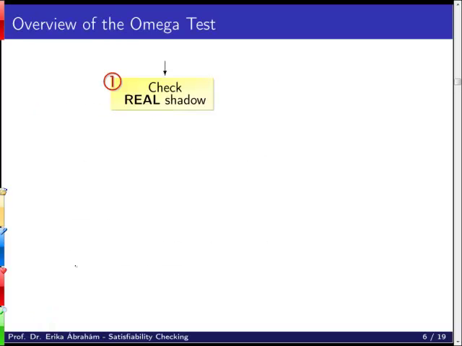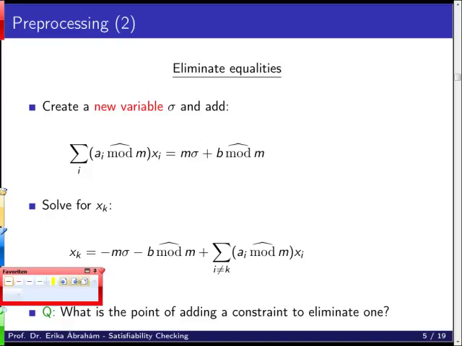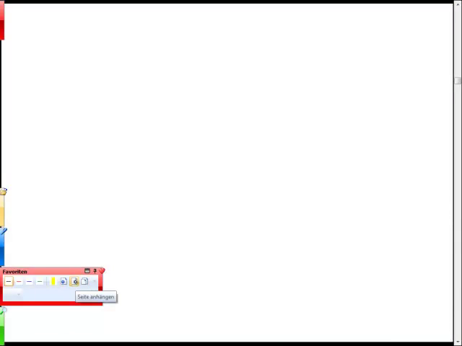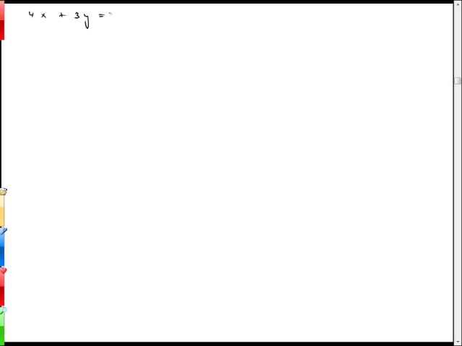Okay, let us do an example. We have this equation, 4x plus 3y equals 7. Now I can take basically any coefficients. I just take the 3 of the y, because as we will see, this is optimal.